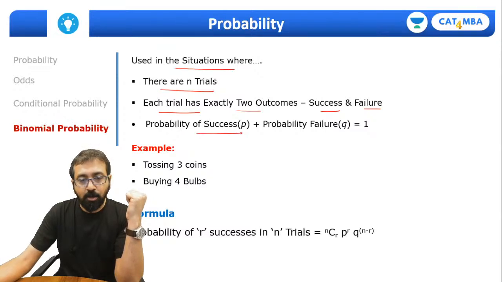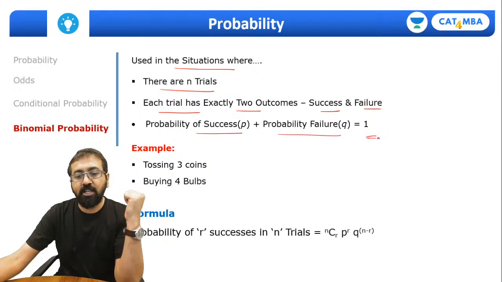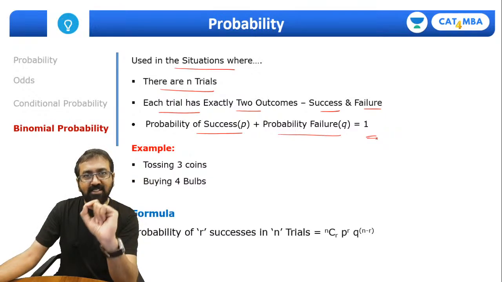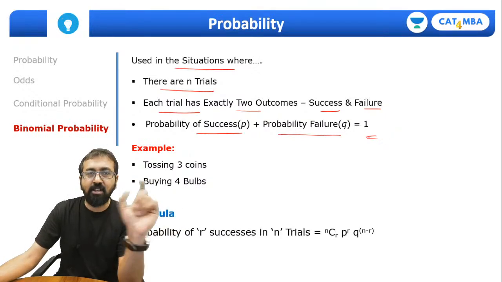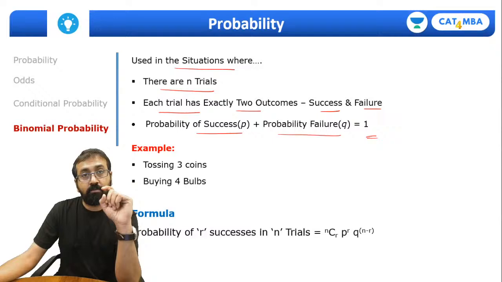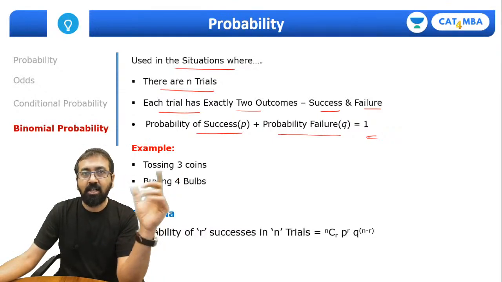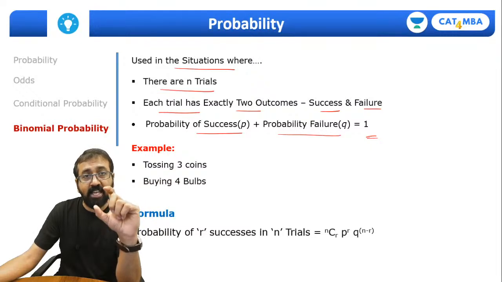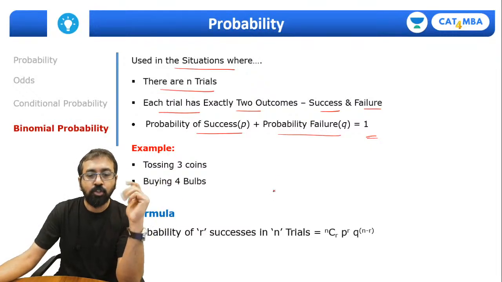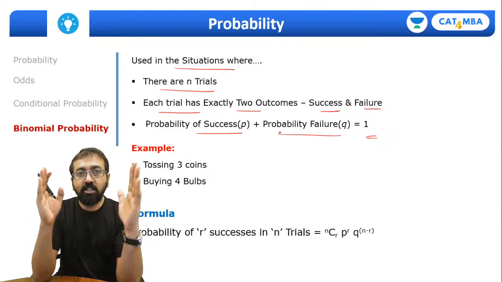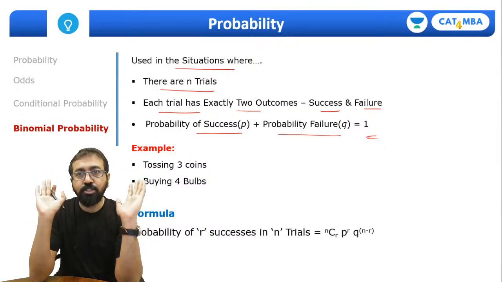And one more thing: probability of success plus probability of failure is 1. My bulb will be either working or defective, so ultimately the probability is 1. When I toss a coin, the outcome will be either head or tail, so the probability of getting head or tail is 1. So this is what it says. Are you clear up to this point? This condition should be met.